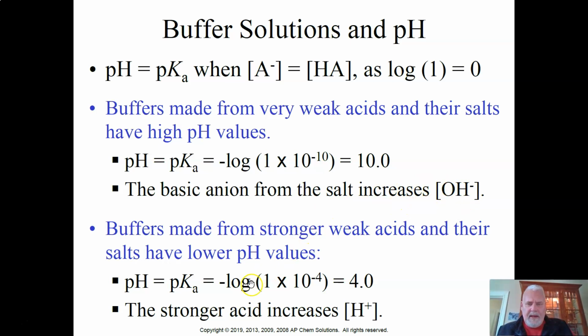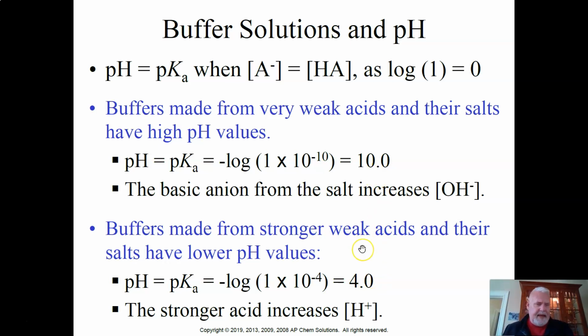And if you had a little stronger weak acid, all right, so we know that there's only certain ones that are strong acids. But of the weak acids, some of them are stronger. Those would have a tendency to add and increase the hydrogen ion concentration, which would make the buffer at a lower pH.